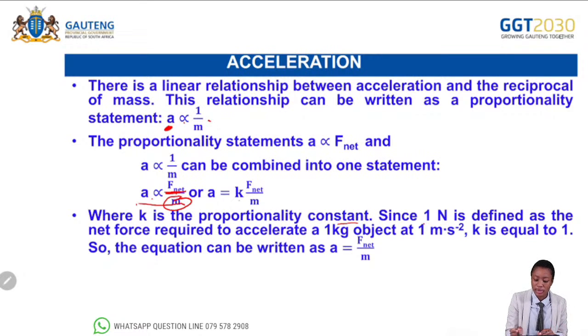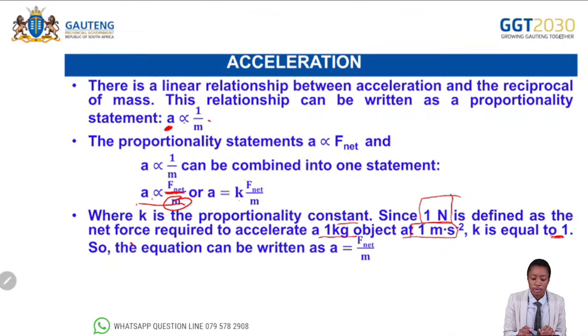So basically this statement is saying that if we apply a 1 Newton net force that accelerates a 1 kg object, the acceleration will be 1 meter per square second. And therefore k is equal to 1.